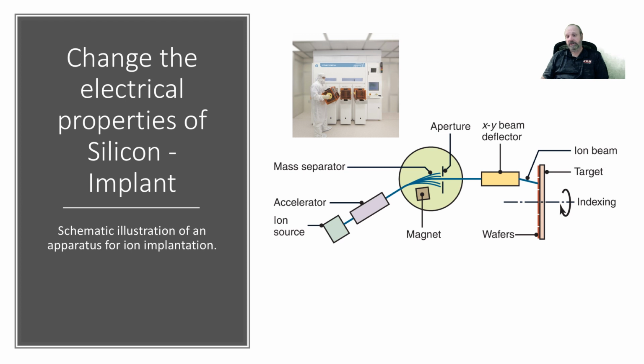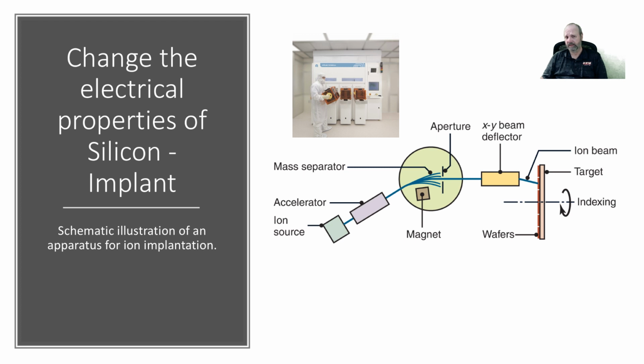Now you usually put it through a magnetic field, and what happens when you have a moving charge in a magnetic field is it feels a force. So depending on the speed, the amount of charge that the ion has, and the mass, you can bend it at various amounts depending on the magnetic field.